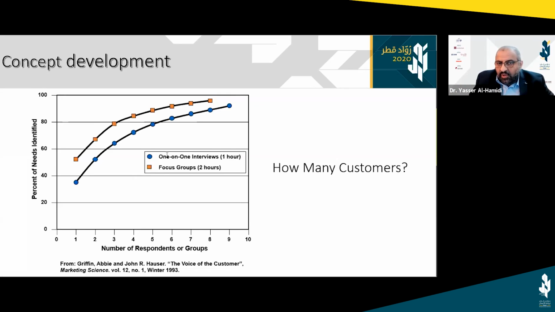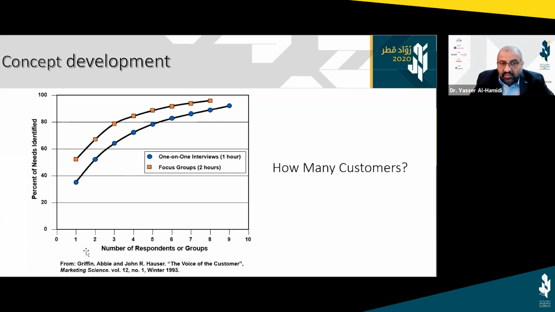We have one-on-one interviews. You simply go as one of the development team members and meet with a customer and try to have a 1 hour discussion with this customer, or you can have a focus group of 8 to 12 people. As you can see here, don't get a wrong impression that focus groups really reveal more information than one-on-one interviews.